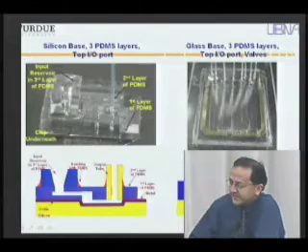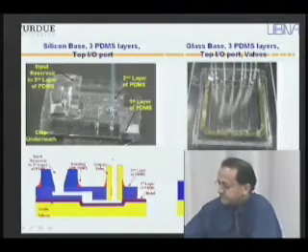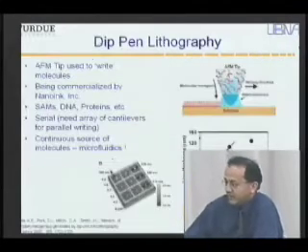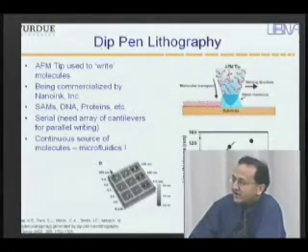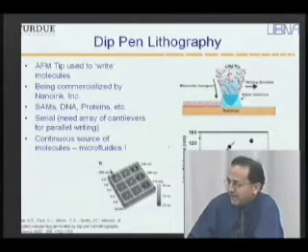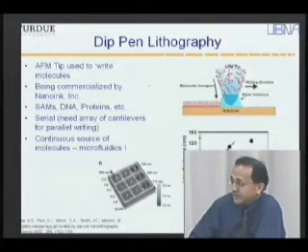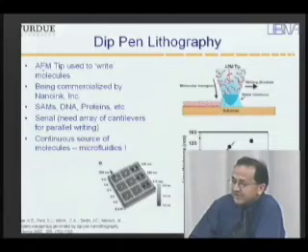Okay, another method that also falls into this area of soft lithography is what's called dip-pen lithography, and this was originally demonstrated by Mirkin and his group up at Northwestern. And the idea here is to use the tip of an AFM to write molecules. So you have an AFM tip that's made out of silicon or silicon dioxide or silicon nitride, and you coat that with molecules.